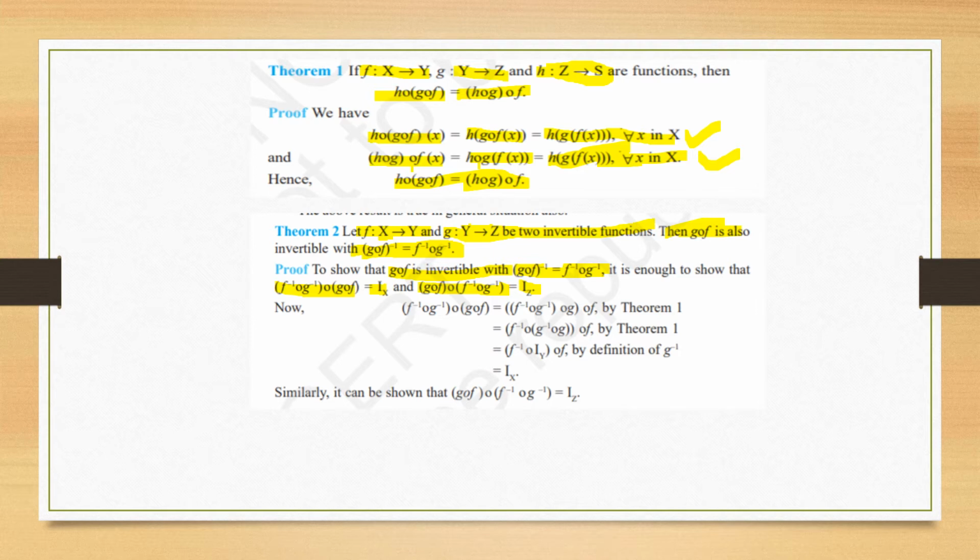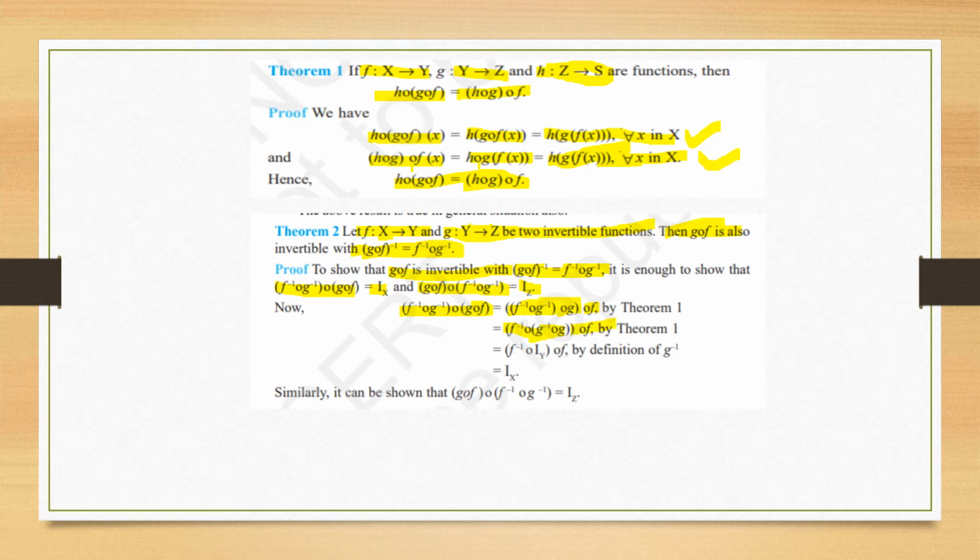Take f inverse ∘ g inverse ∘ g∘f. Theorem number 1 says that we can associate g with it, so it is f inverse ∘ (g inverse ∘ g) ∘ f. Now associate these two, again by theorem number 1.